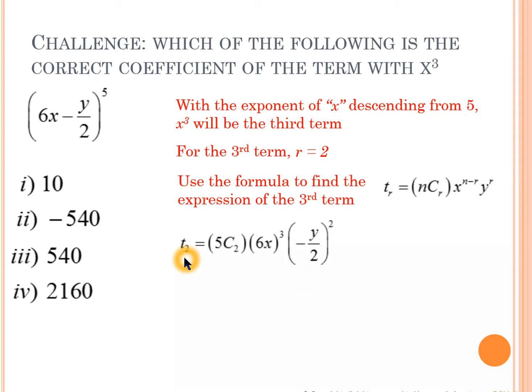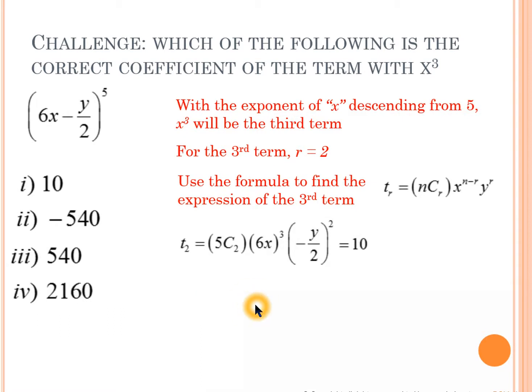So this will be T_2 because the value of r is 2: 5 choose 2 times (6x) to the power 3. This is essentially your x variable with the coefficient of 6. And then we have our y term, which is negative y over 2, all squared.